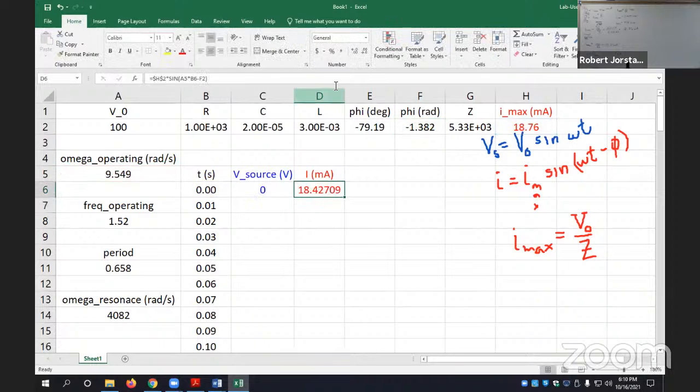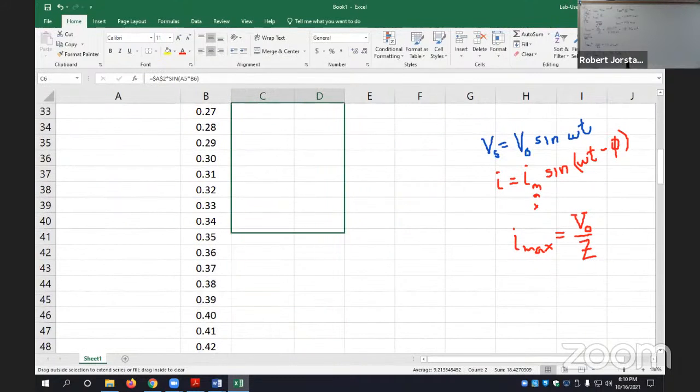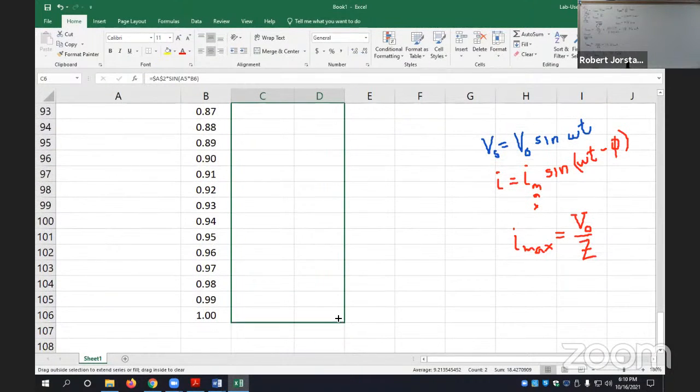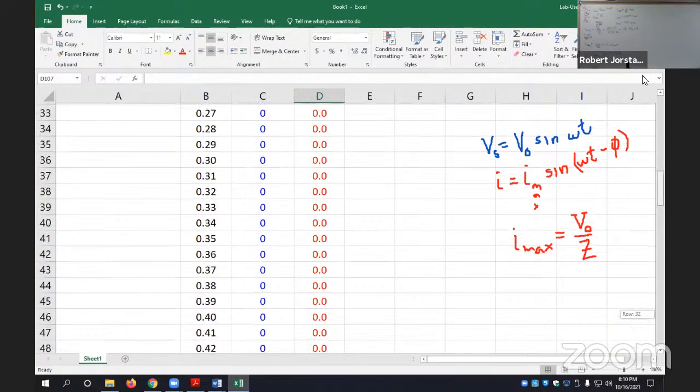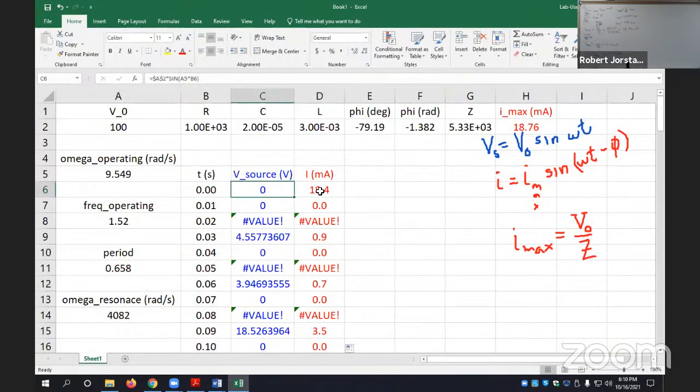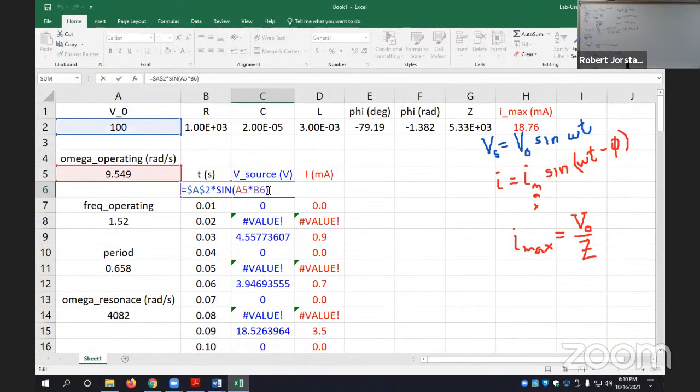Now that I have that, I'm going to grab both of these and fill that down. And I might have forgotten some dollar signs, it looks like. I did. I forgot this omega needs the dollar sign. I screwed up.